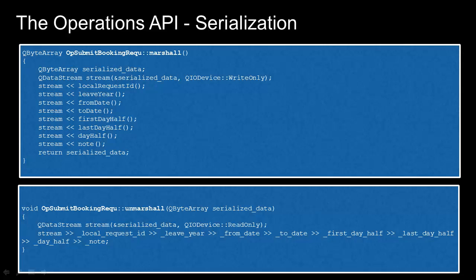So this is what the code looks like from one of our operations objects for both marshalling and unmarshalling our object's data. The purpose of the marshal method is to take the attributes, the fields of our object, and transform them into a QByteArray, which we can then store directly in the database as a binary large object.